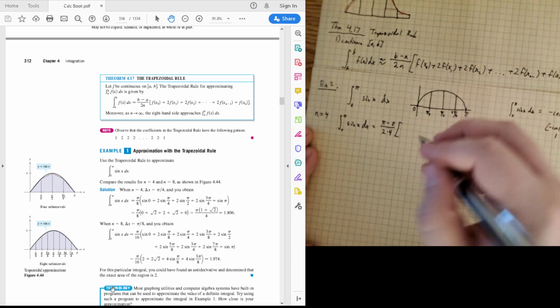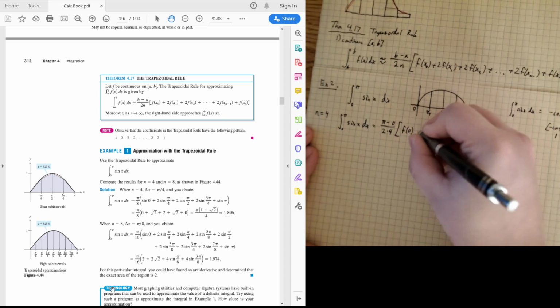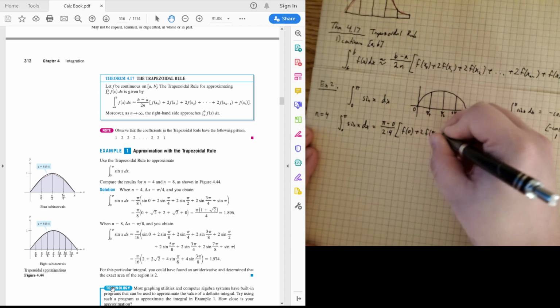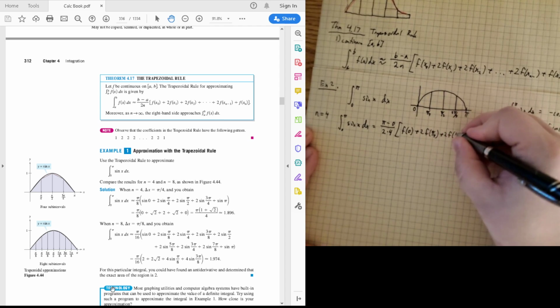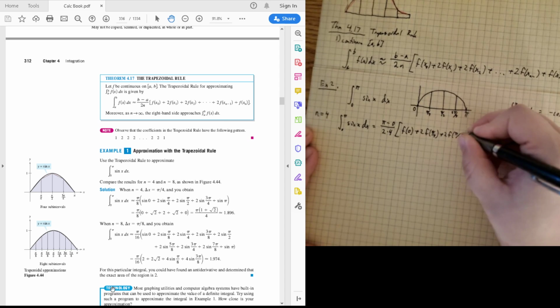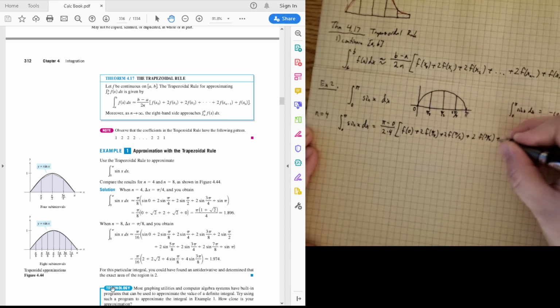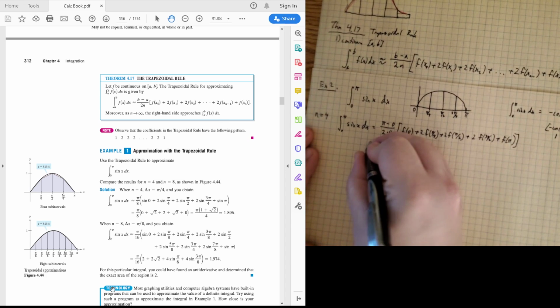Now let's actually plug in our values. Our first is going to be f of 0 plus 2 f of pi over 4 plus 2 f of pi over 2 plus 2 f of 3 pi over 4 plus f of pi. Let's solve.